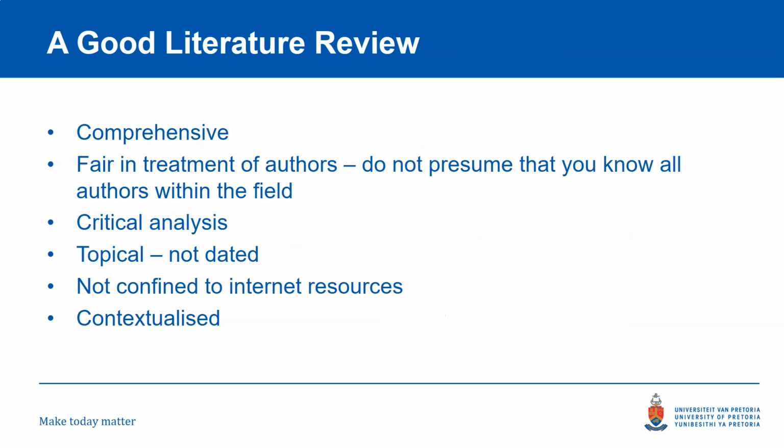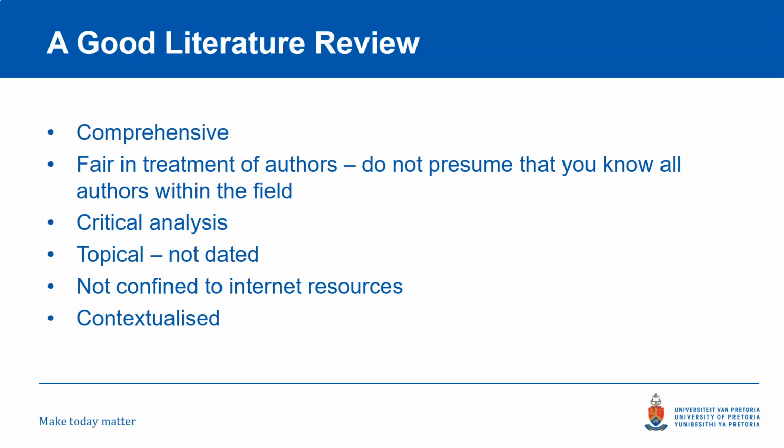So a good literature review needs to be comprehensive. At undergraduate level, it does not have to be exhaustive. If you are doing your PhD, you are expected to find as much as you can and try to be as exhaustive as possible. You need to be fair in the treatment of authors, so do not assume that you know all the authors within the field.